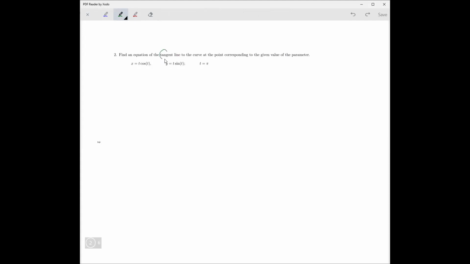Okay, so for the tangent line, to find that, you need a point and a slope. Let me write this in red instead. So you need a point and a slope to get the equation of a line, and then from that you can get the equation. There's a little bit more work once you have the point and the slope, but you can get it.